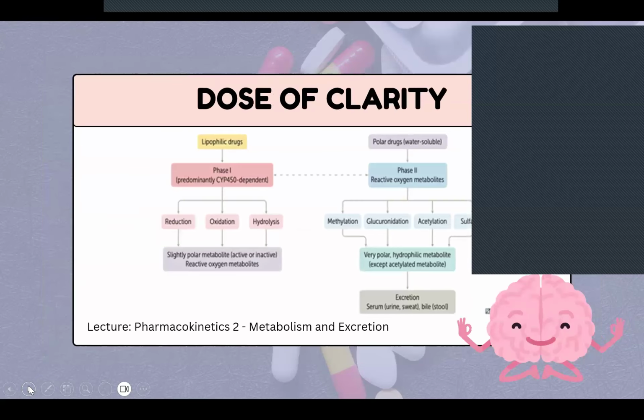And that's because in phase 1, what happens is lipophilic drugs are converted into more polar metabolites through oxidation, reduction, or hydrolysis. And then phase 2 consists of conjugation reactions where drugs or the metabolites from phase 1 are linked with endogenous substances so that they can form more water-soluble compounds for easier excretion.